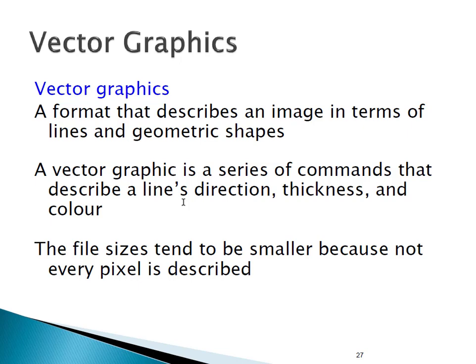That brings us to vector graphics. So we spoke about raster graphics. Now let's talk about vector graphics. Vector graphics is a format that describes an image in terms of lines and geometric shapes. So we have a mathematical expression of an image. The vector graphic is a series of commands that describe the line's direction, the thickness of the line, the color of the line, how the line twirls around, or what functions are associated with that, and the geometric expressions.